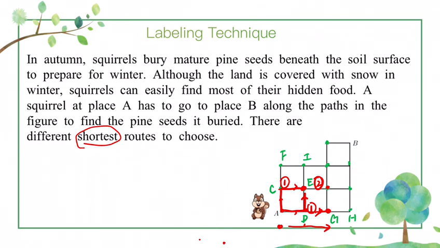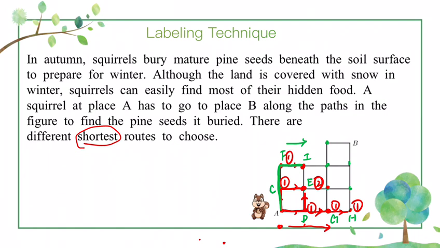Okay. So for G, we only have one way, and for H, also one way, right? So for F, it's also one way. For I, it is not one, because for I, you can go from the left to the right, from A to F and to I. This is one way.